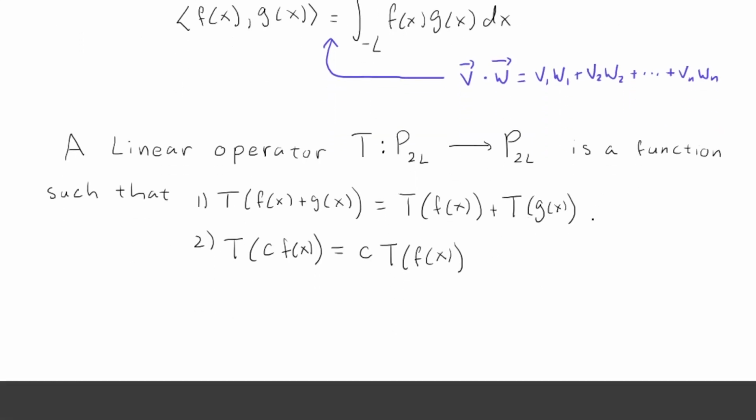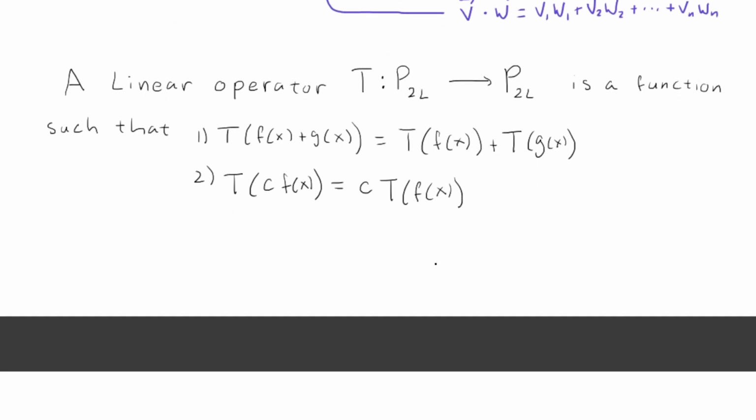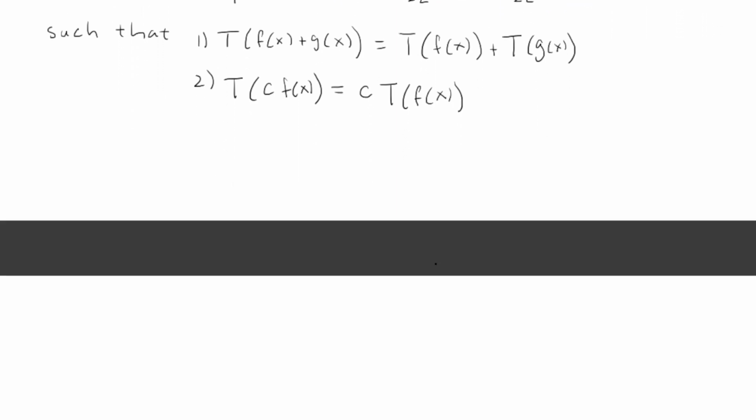So a linear operator is defined completely in the same way, and we know that a linear operator is symmetric if it satisfies that identity that we talked about in the last video.